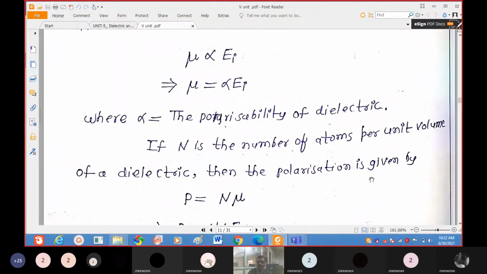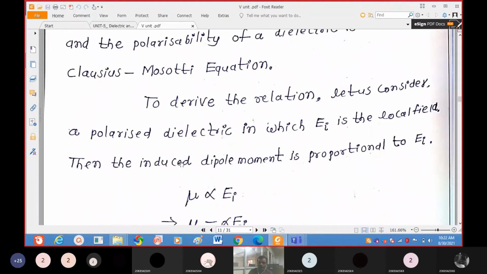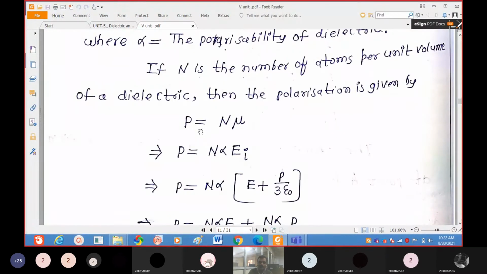There is a relation between the polarization and the average dipole moment: P equals N mu, where N is the number of atoms or molecules per unit volume.